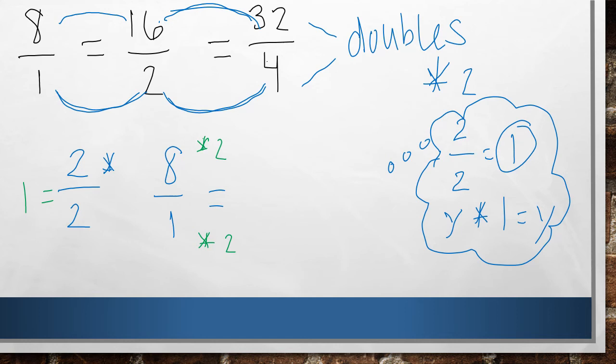I'm just changing the name of it. So 8 groups of 2 is 16. 1 group of 2 is 2, 16 halves. Do you see how we got that? So up here, it would be saying 16 groups of 2 gives you 32. Same thing to the denominator. 2 groups of 2 gives you 4. This is a mathematical way that we can find equivalent fractions.